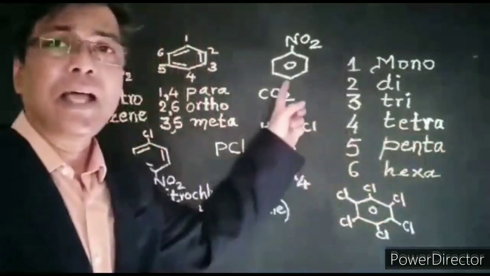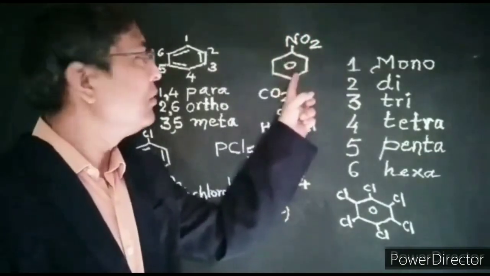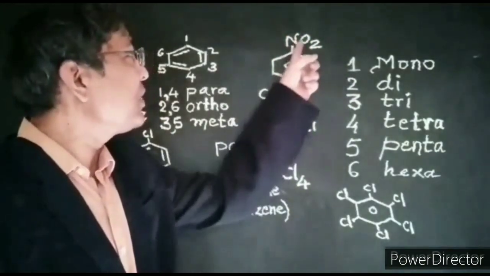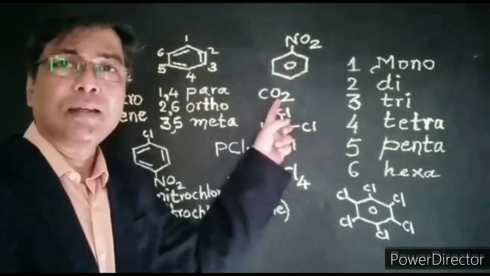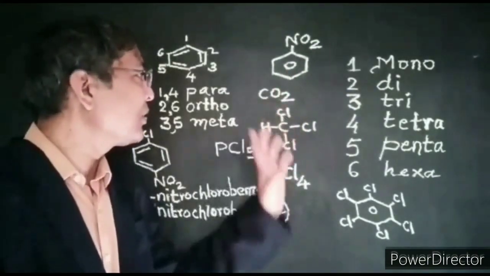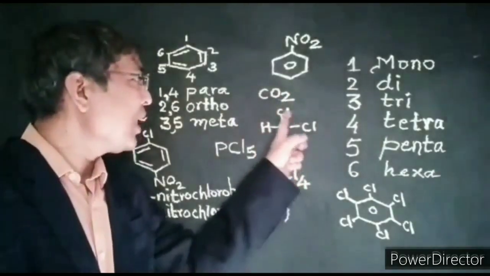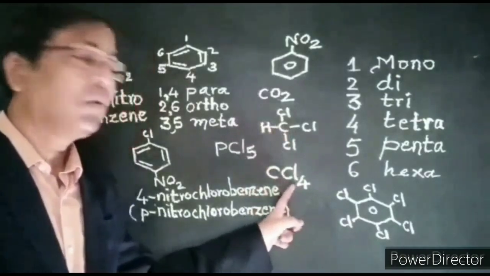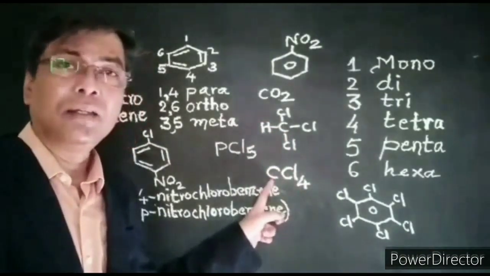Let's consider one example. This is a mono-substituted benzene. The name of this compound is nitrobenzene. Here 2 oxygen atoms are there. Its name is carbon dioxide. Here 3 chlorine atoms are present. Its name is trichloromethane. 4 chlorine atoms are present. Its name is tetrachloromethane.